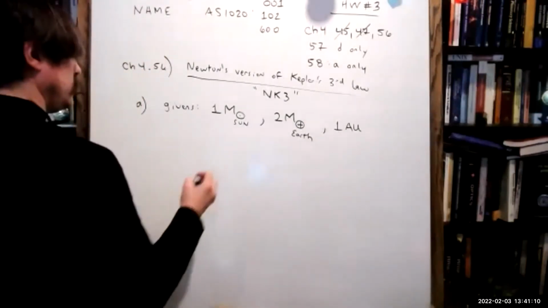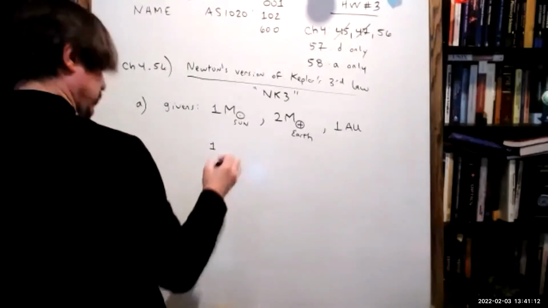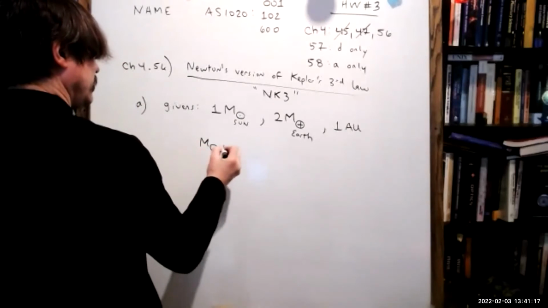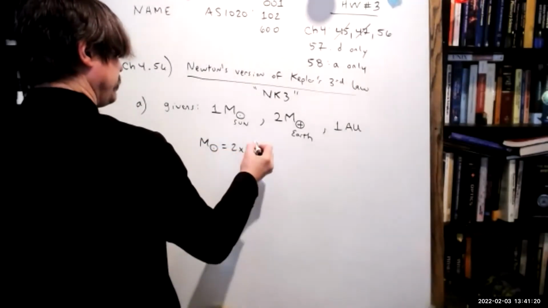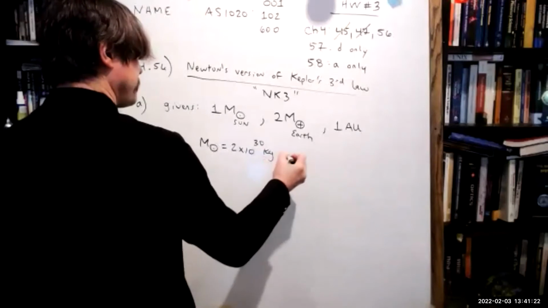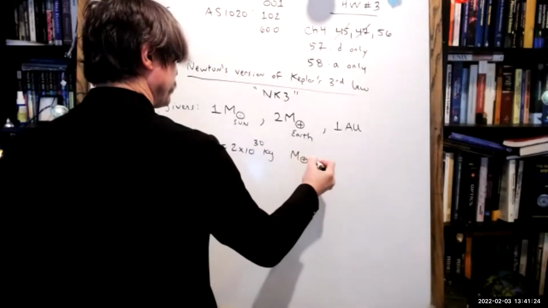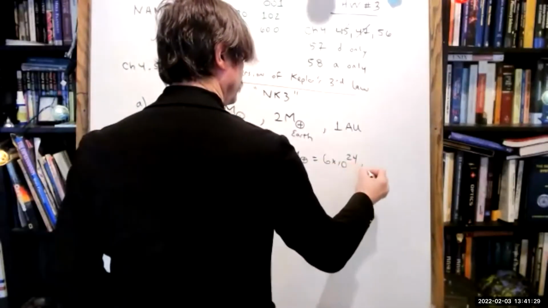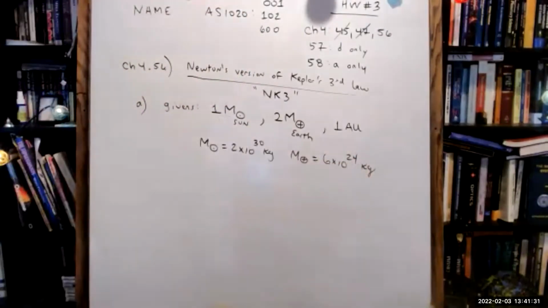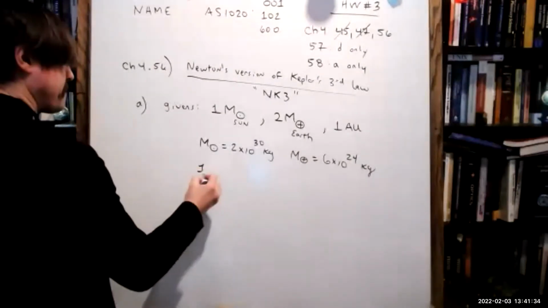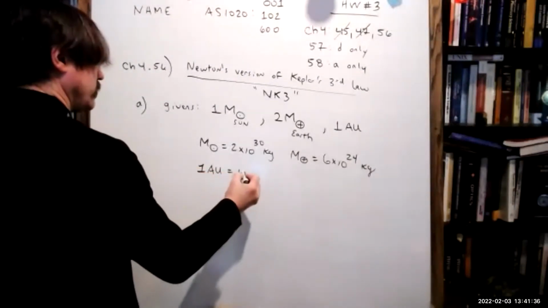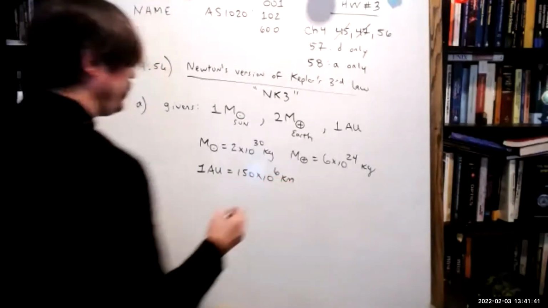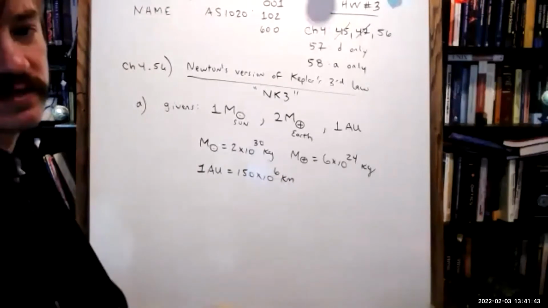So let's remind ourselves that the mass of the sun is 2 times 10 to the 30 kilograms, the mass of Earth, 6 times 10 to the 24 kilograms, one AU is 150 million kilometers.